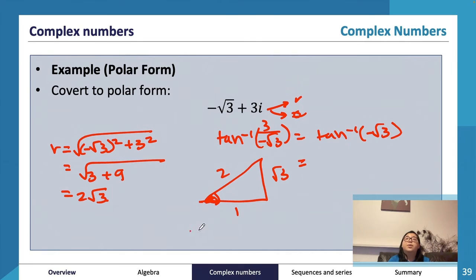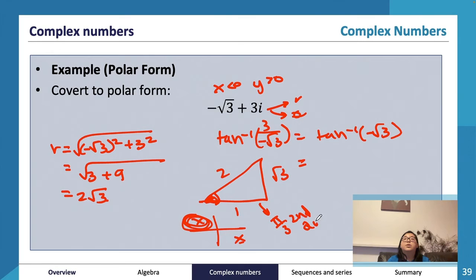But remember, we look at the quadrant. This is negative, so it's either in this quadrant or this quadrant. We look at our components. x is smaller than 0, y is bigger than 0. So it must be in this one right here. Our base angle is pi on 3, and it's in the second quadrant, so it's going to be pi minus pi on 3, otherwise known as 2 pi on 3.